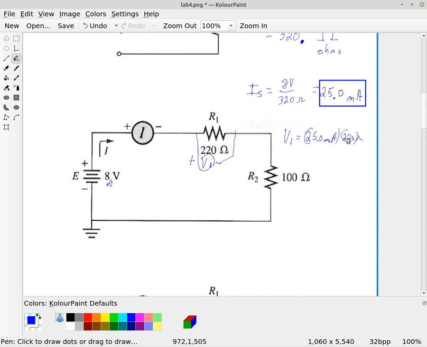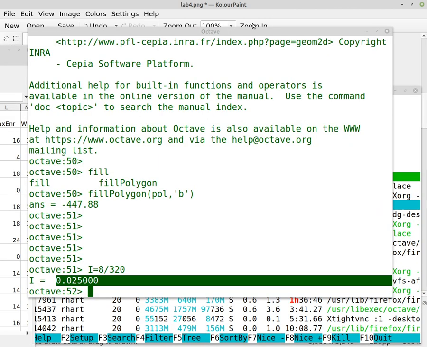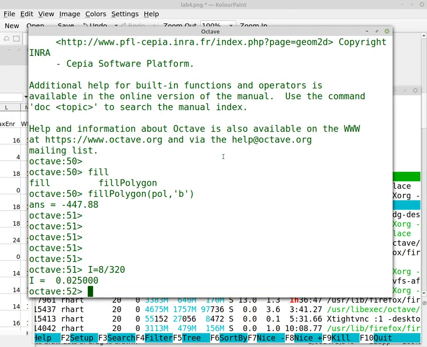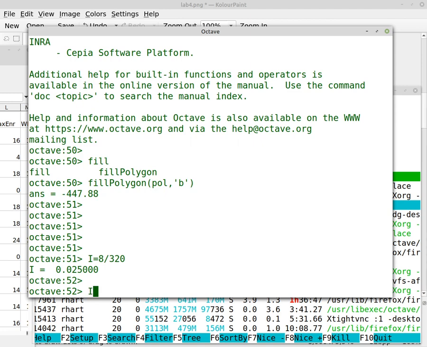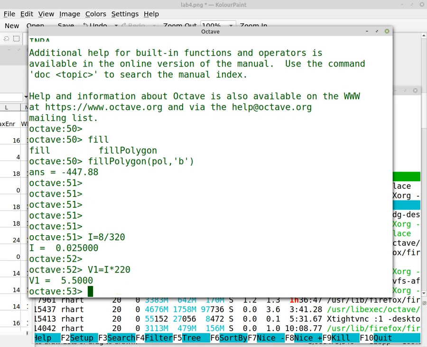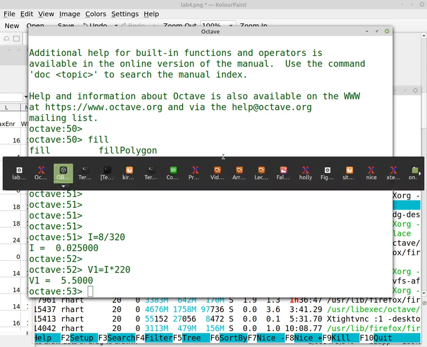Again, we'll flip over to our calculator. I already have I stored in Octave here as a variable, so I can just take V1. So V1 is equal to I times the 220 ohms, and we find that that is 5.5 volts.